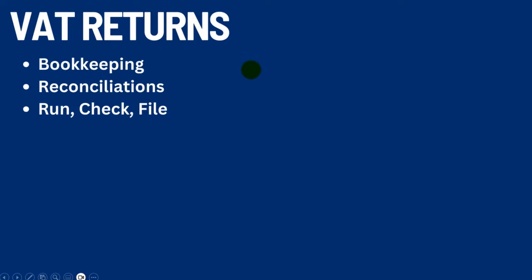It's the bookkeeping for the business and company, the reconciliations, and then some time at the end spent on the VAT return itself. So the first thing you're going to need to do is all the bookkeeping for the business, company, charity, entity.